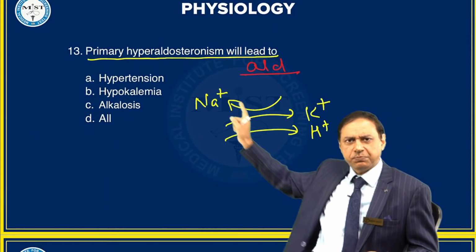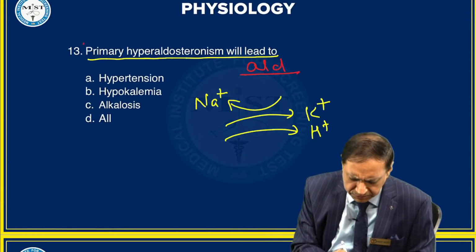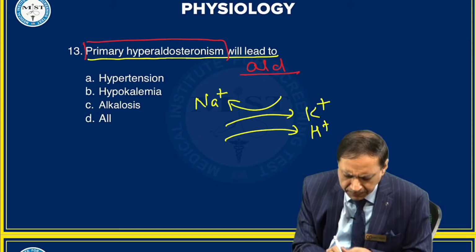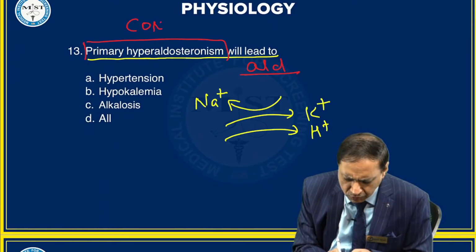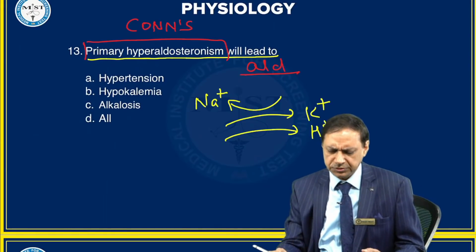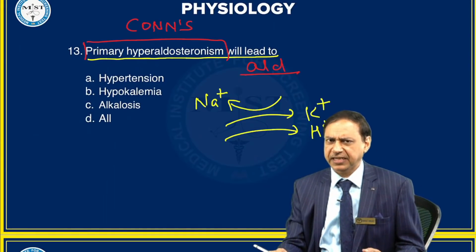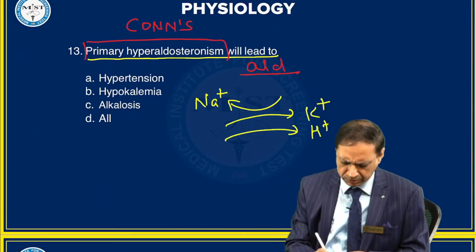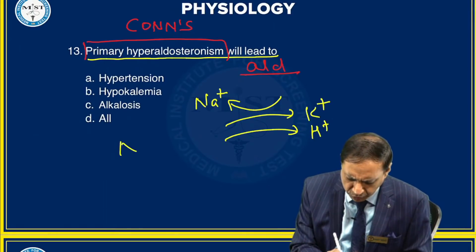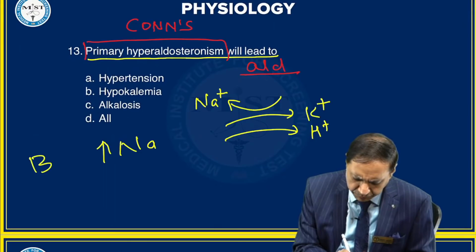So primary hyperaldosteronism is known as Conn's syndrome. Obviously sodium will become more, and more sodium will indicate more BP.